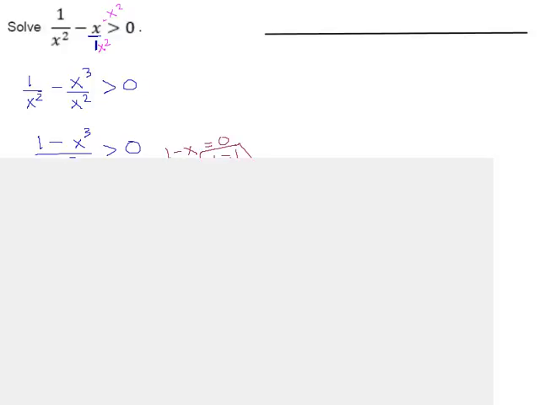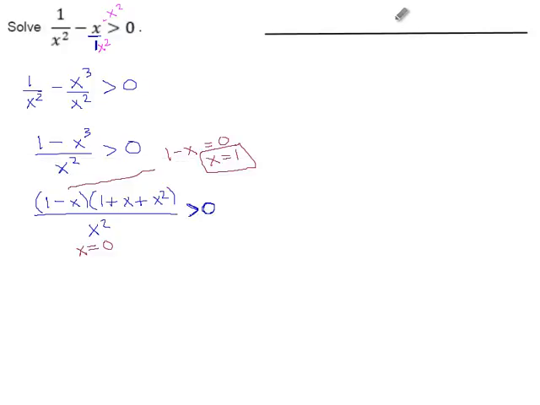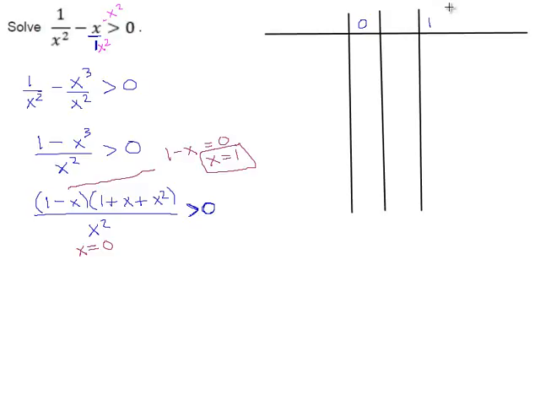So let's see how it behaves there. Here's 0, here's 1. Draw some lines. Look exactly on those points, and we'll look in between them. And for our pieces, we've got 1 minus x.